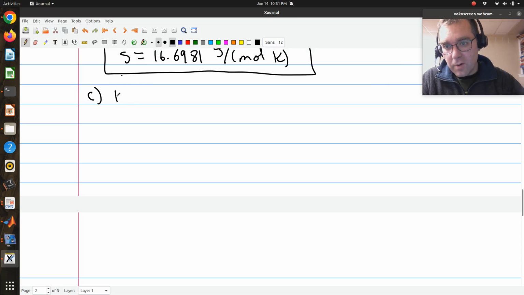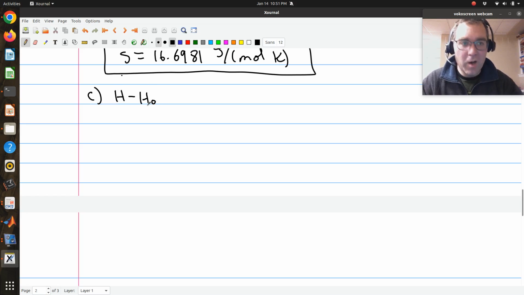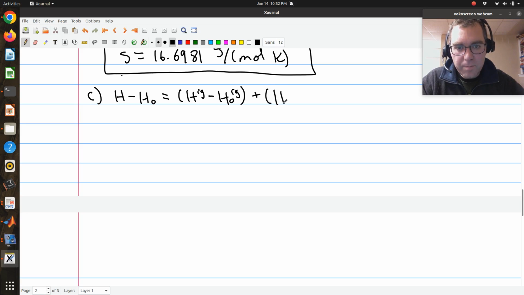So in general, I can compute H relative to H naught. I can calculate my enthalpy relative to some value at H naught. Thermo is all about differences. Delta U is Q plus W. Okay, so H minus H naught, my relative enthalpy. In the spirit of chapter 5, I take my difference in enthalpy and write it as an ideal gas plus a residual contribution.